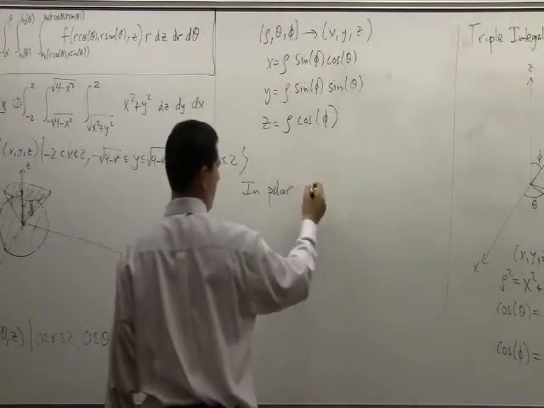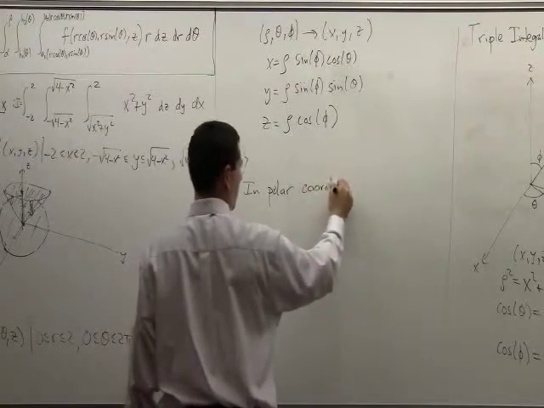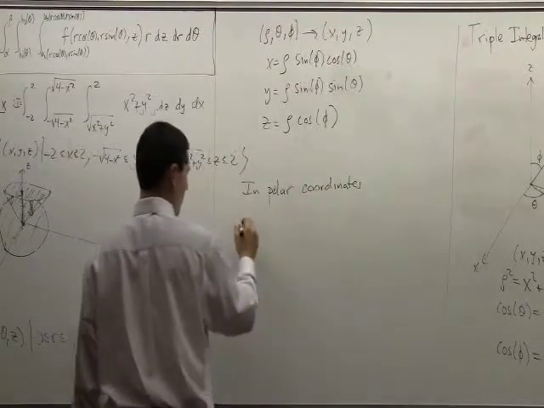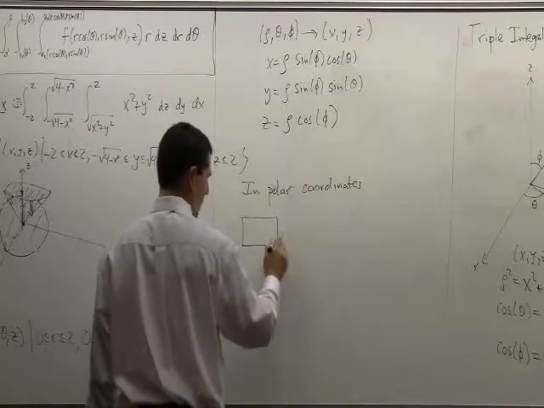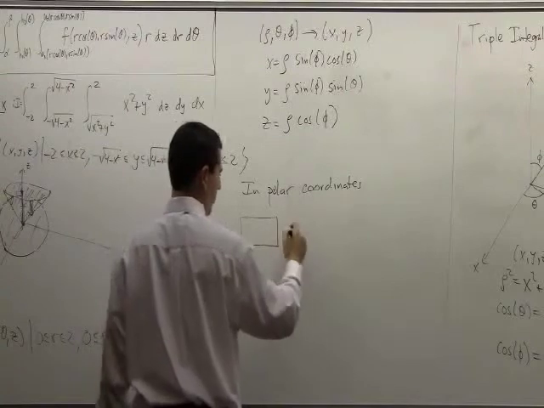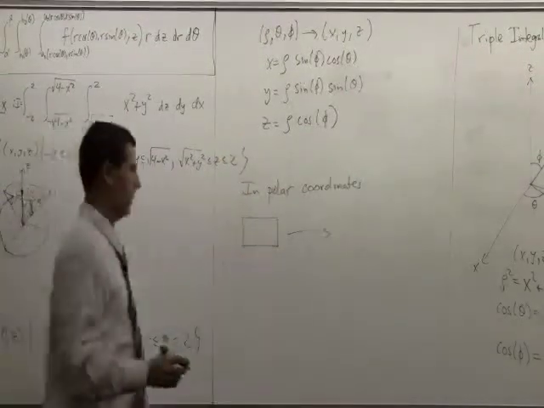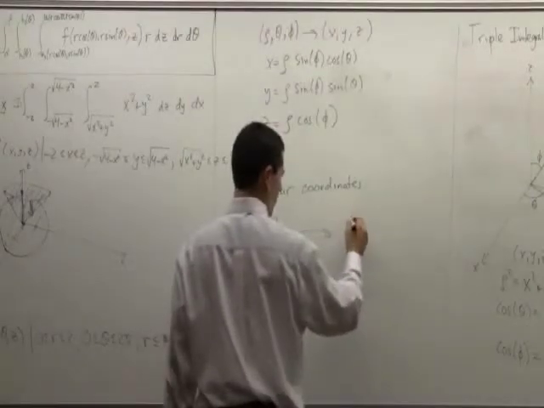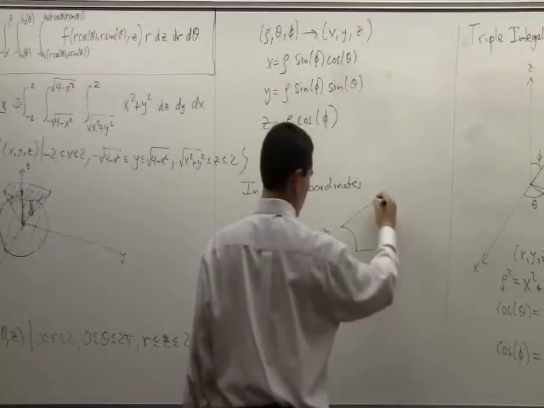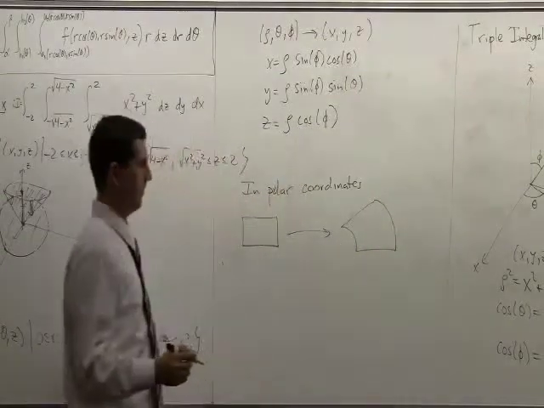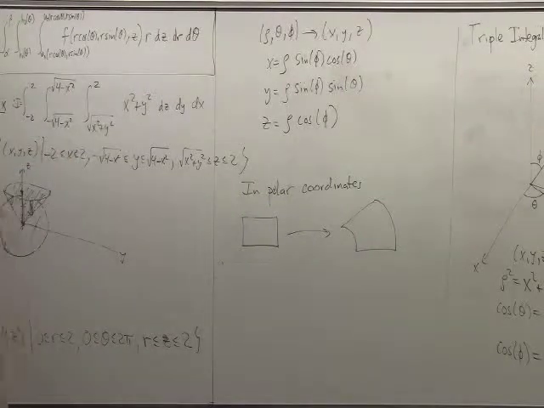So, in polar coordinates, we took rectangles, all right, that was the object that we wanted to integrate over, and we turned it into these polar rectangles. And that's what we wanted to integrate over for polar stuff.